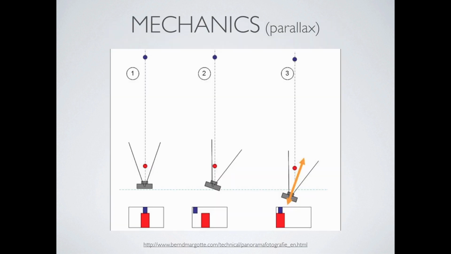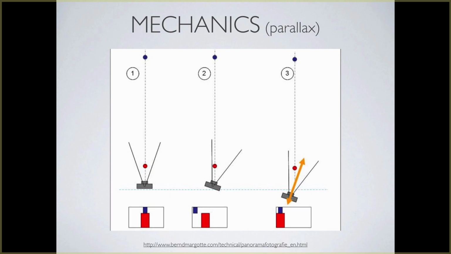Here's our mechanics. To eliminate that problem, like I said, we find that nodal point and we move around that nodal point. This is where everybody makes mistakes, they look at it as this first example here. There I am shooting dead straight.